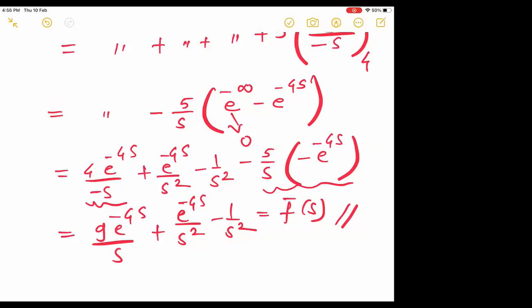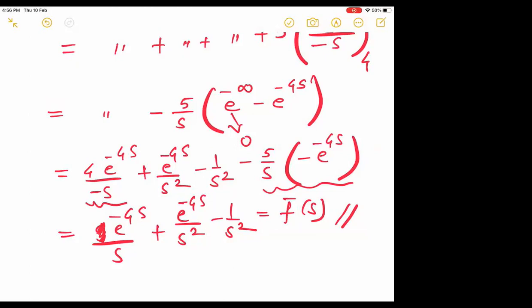Then it makes a difference. This is minus and here we are getting positive, no? So only one is remaining. So only e raised to minus 4s. So this is a correction. 9 is not there. The addition will be 1: e raised to minus 4s upon s plus e raised to minus 4s upon s square.